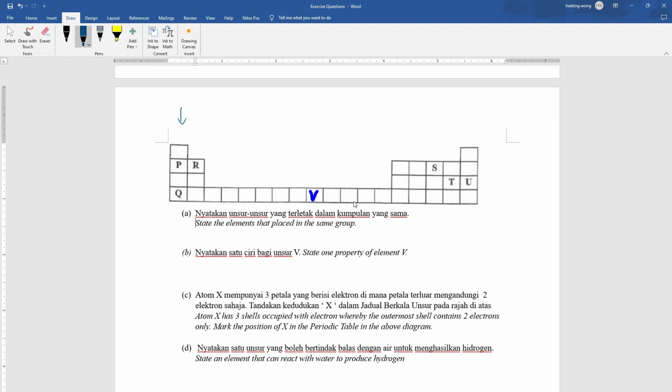Now, state one property of V. This V is actually a transition element, right? It has 4 special characteristics, so we can write any one.